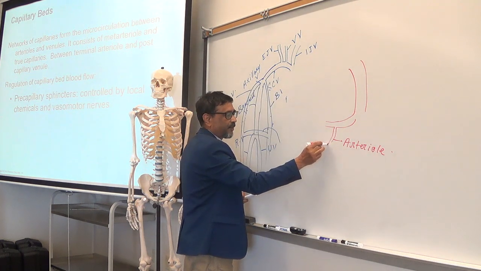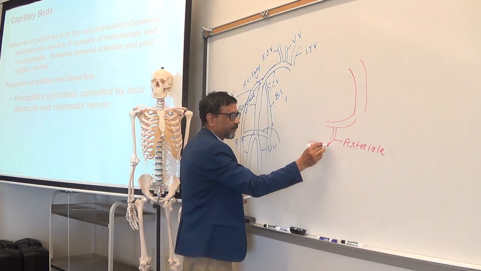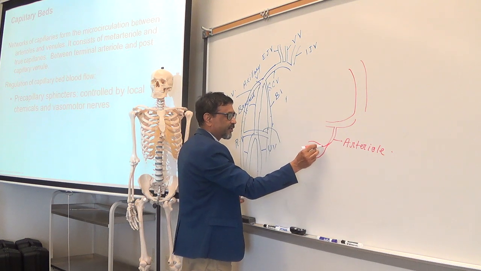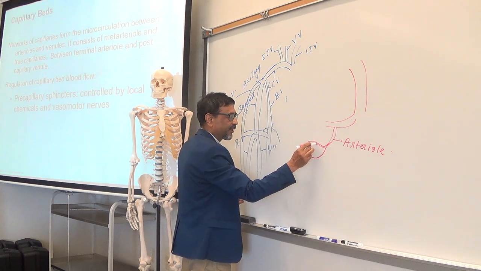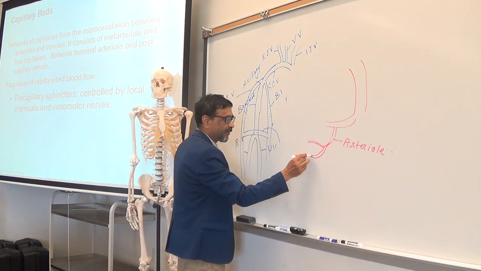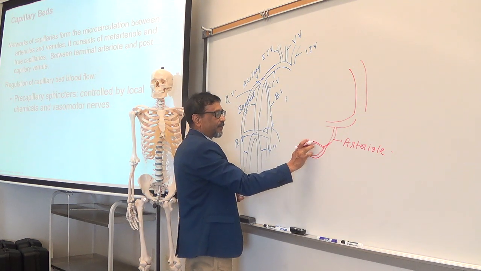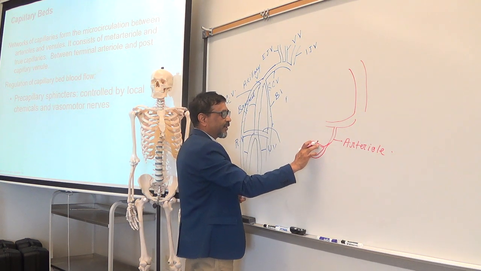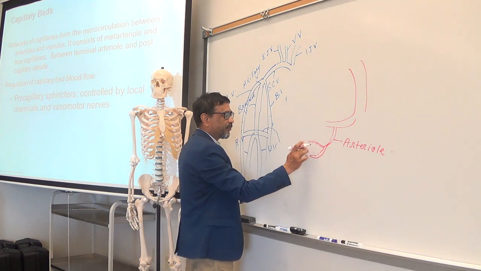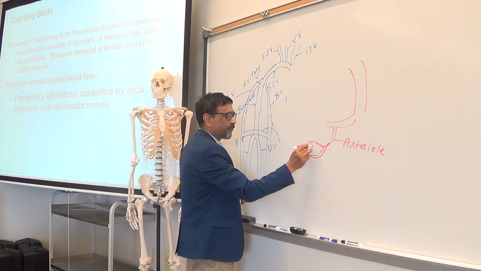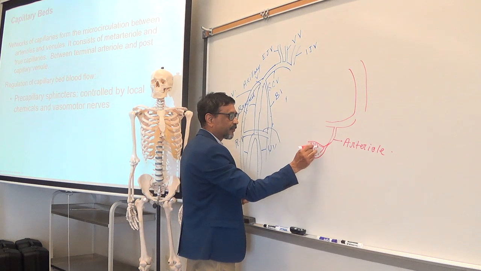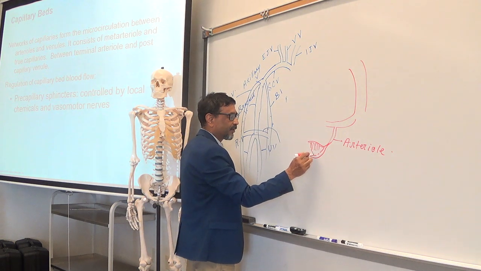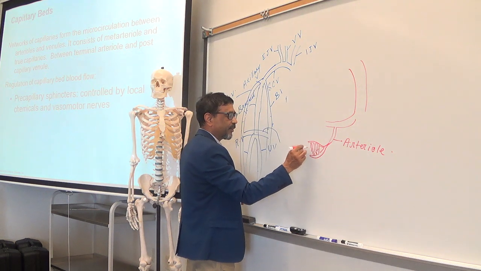And from the end of the arteriole, capillaries start. So this is a capillary, this is a capillary, and capillaries form networks. Networks of capillaries. That is the capillary bed.